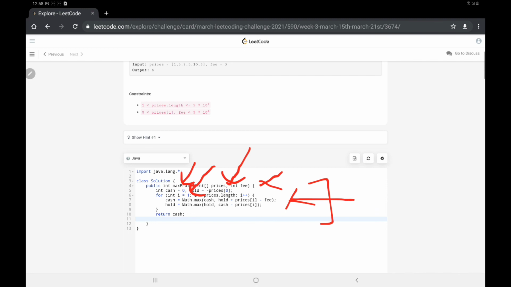If it's not, then I'll choose my existing value, or else I will perform one transaction. And when I perform one transaction, my hold value will be updated as well. So when we are buying, we don't need to add the transaction fee. It's only added in selling, not in buying.